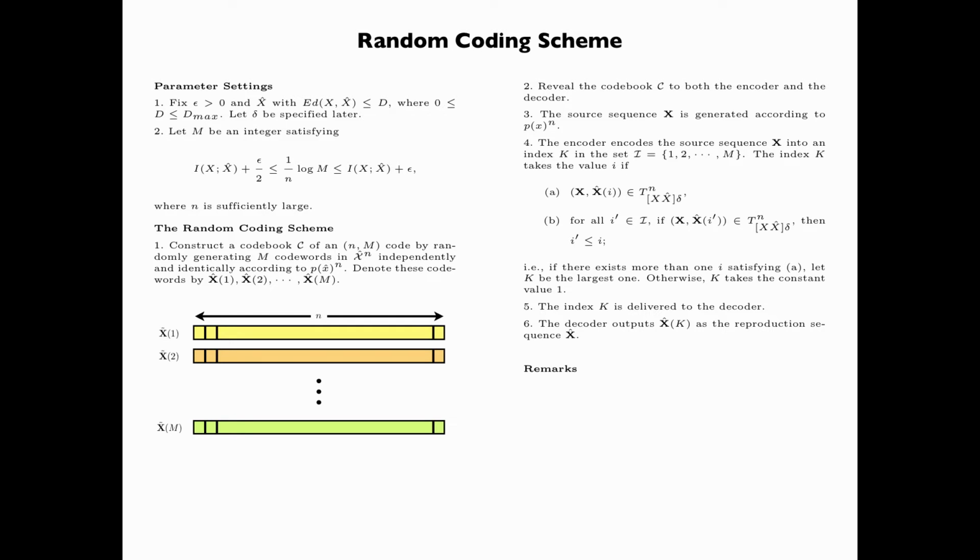Here are some remarks. First, the event K equals 1 occurs in one of the following two scenarios.